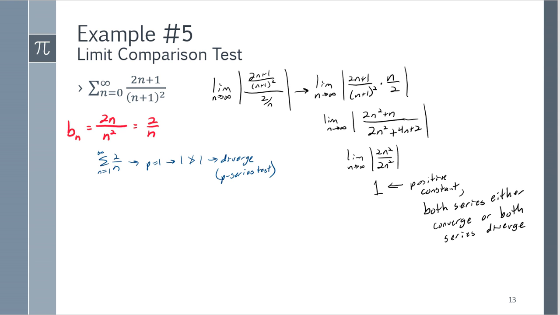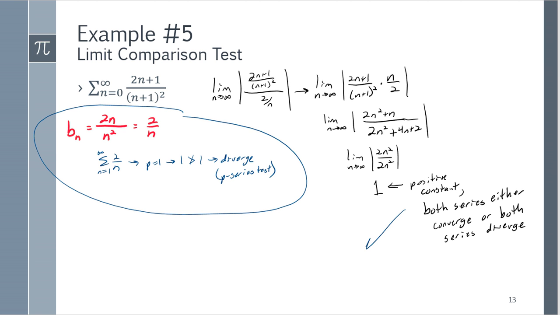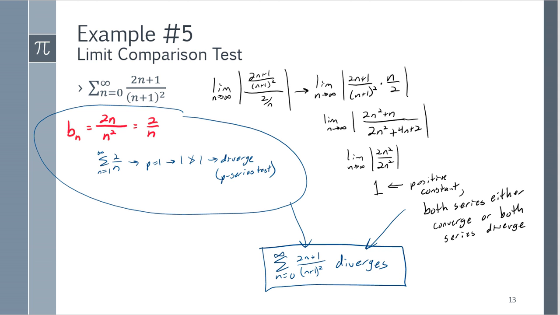I already said over here that series diverged. So that means my original series, where n is going from 0 to infinity of 2n plus 1 over n plus 1 squared, also diverges. And that would be by the limit comparison test.